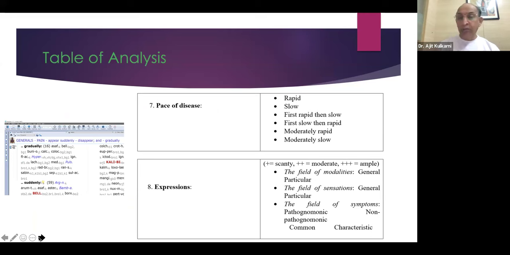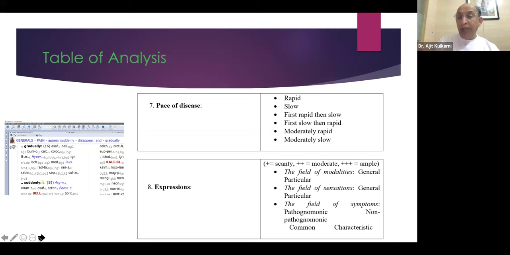We have agaricus, plumbum metallicum, causticum, bryonia, gelsemium, baryta carbonica. So there are huge remedies related to rapidity, related to slow. Let us study first rapid, then slow. So you will find a host of remedies. Do you know? There are some remedies, first rapid, then slow.